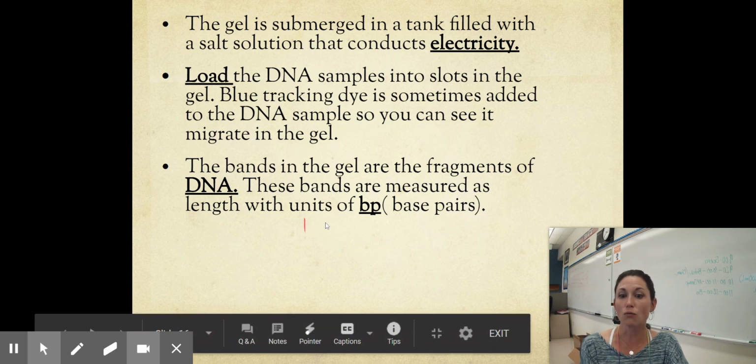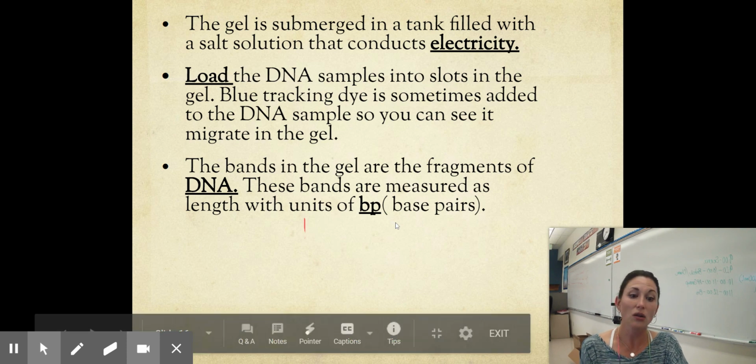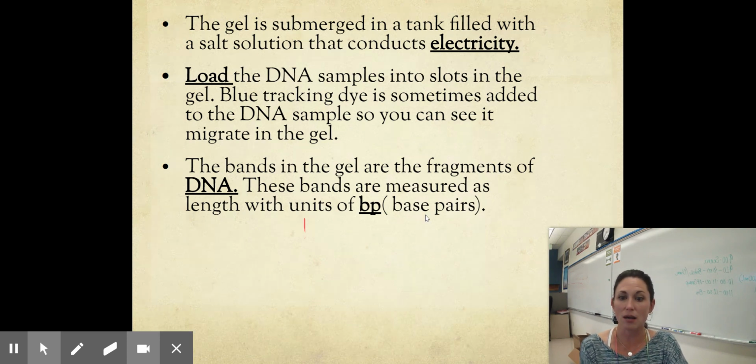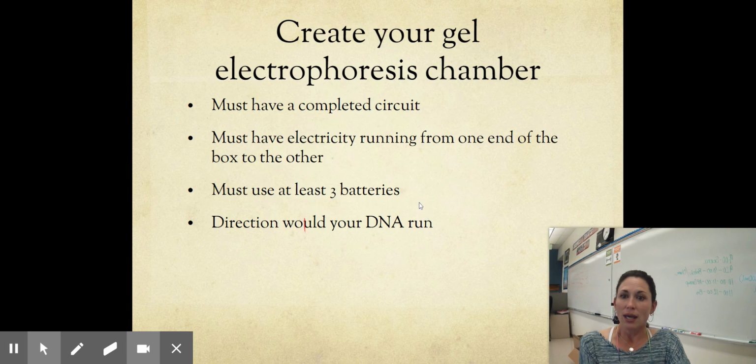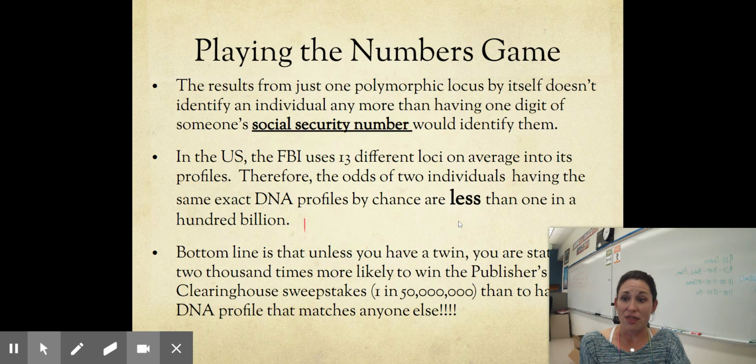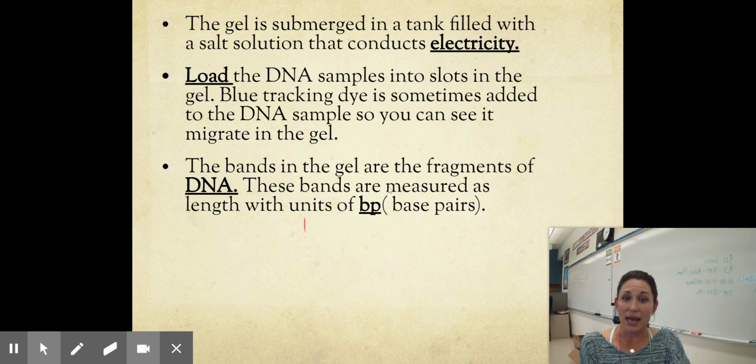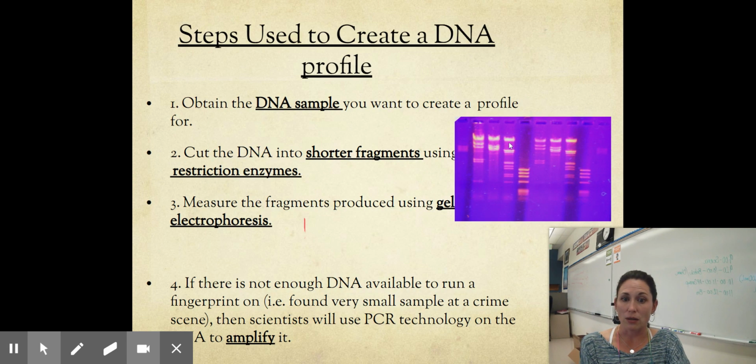Once we have run the gel, we can look at the resulting picture. Once we've run the gel and our DNA has run through there, we have added a dye that allows the gel to glow a little bit, or phosphoresce, and then we can look at the banding patterns that we see.